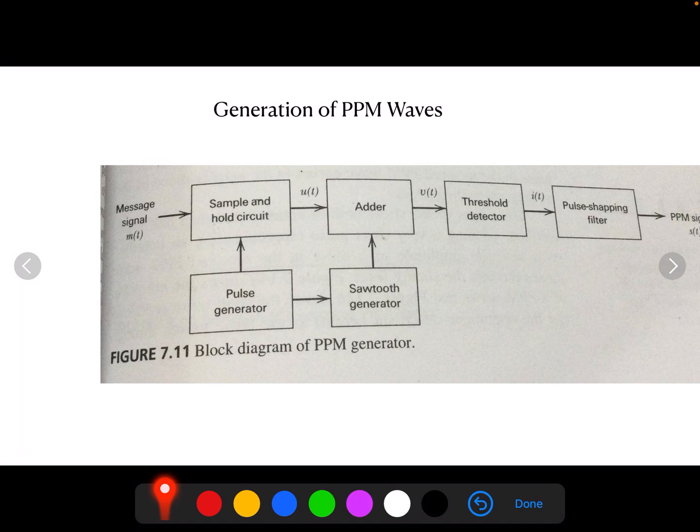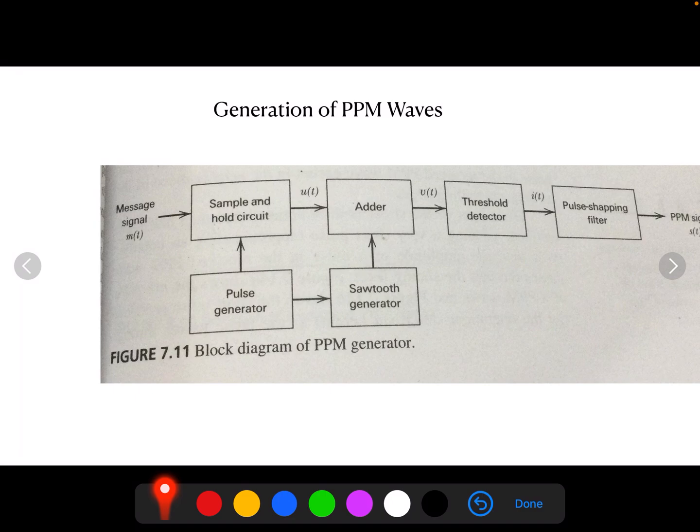Then that signal is passed through a threshold detector where you observe when the signal crosses the zero line. At that point we have a very narrow sharp pulse. It is like a train of impulses, and that is acting as a PPM.